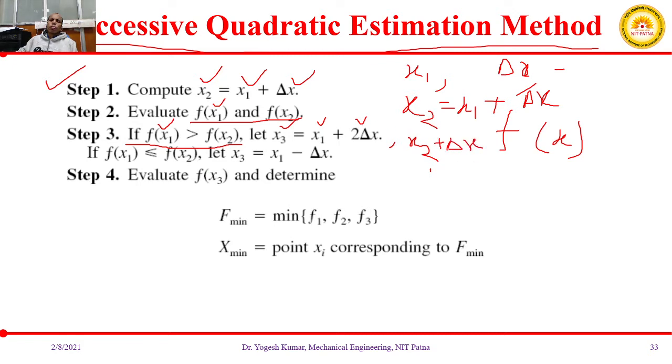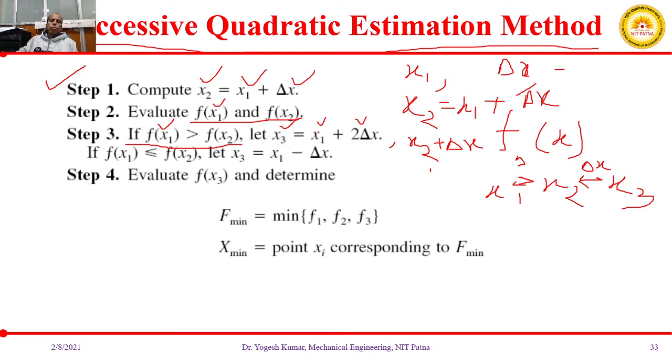What does it mean? We are trying to get 3 points at equal distance, because x1, x2 and x3 will now be equidistant. The distance between x1 and x2 will be delta x, and similarly the distance between x2 and x3 will be delta x.